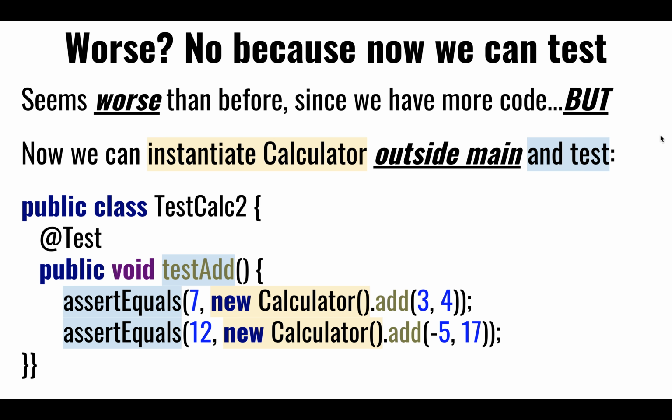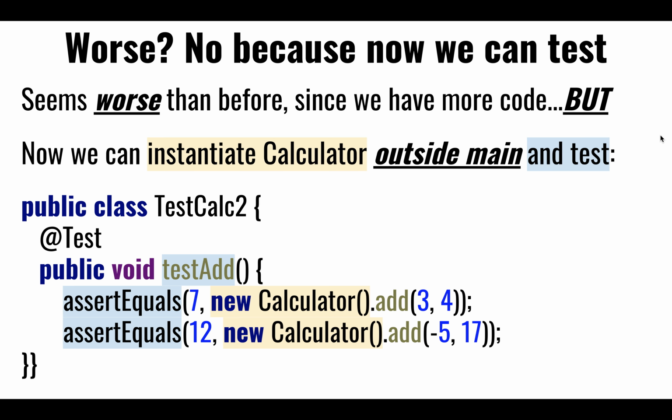So now I can write tests. Before, there was no way for me to go into main and simulate the input coming from the console or reading values from the console, and validating that these values were true. So what this buys me is that the algorithm of my model is no longer embedded and hard-coded.